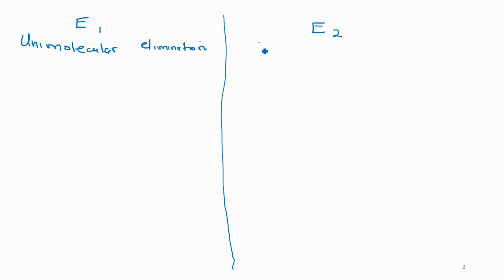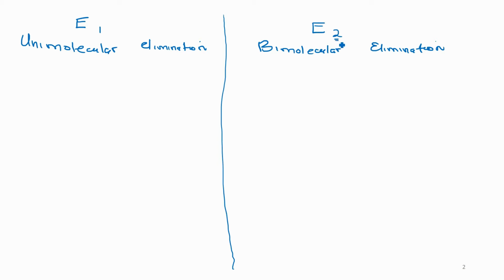So E1 is unimolecular elimination. E2 is bimolecular elimination. Why bi?